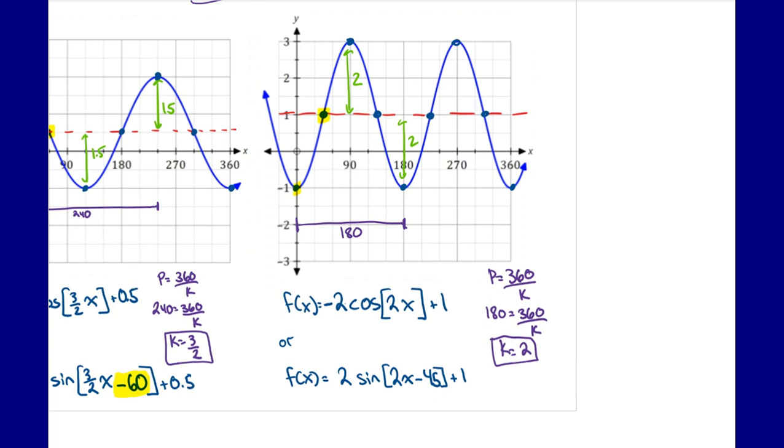The other thing I want to check is, is this flipped? Well, for a sine wave, we want to start at a midline and go up, and then come back down, and then go back to our midline. So in this case, this does match our sine wave in terms of the direction it's going. That means it is not flipped, so I do not need to put a negative in front of the 2.